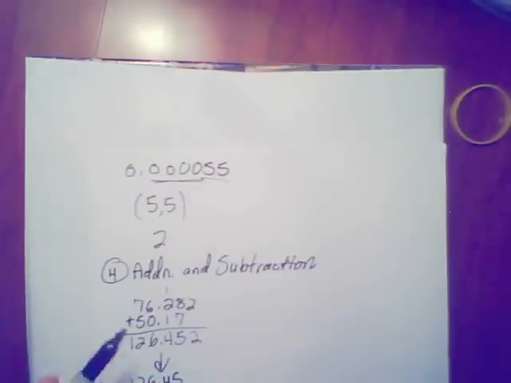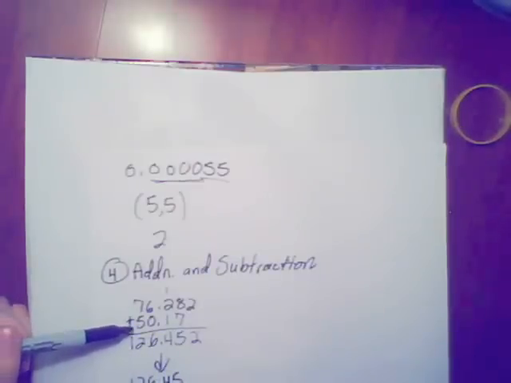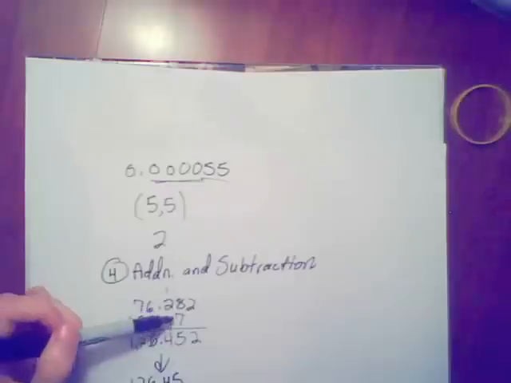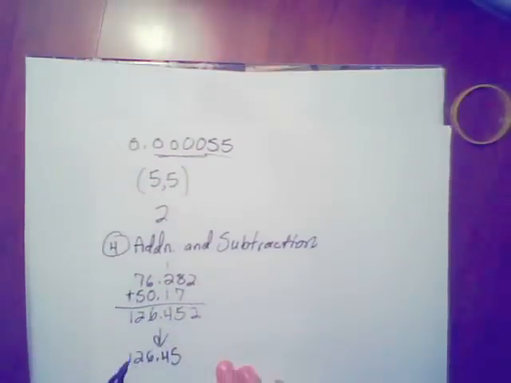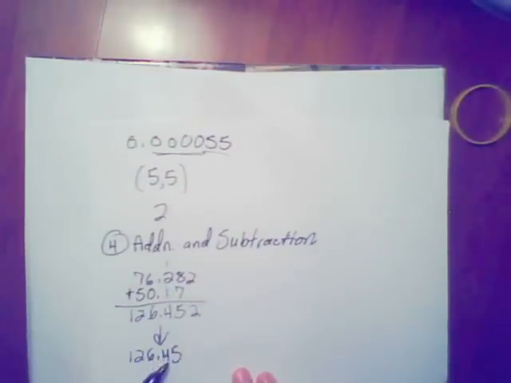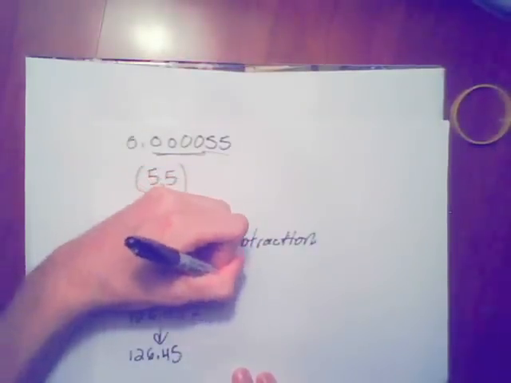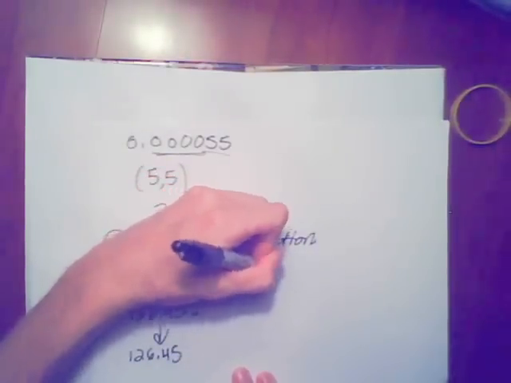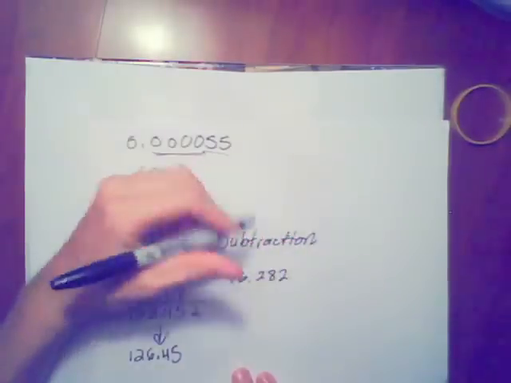The reason for that is we're going to stick with however many numbers are on the right side of the decimal point. We're going to use the fewest amount. The bottom one, 50.17, has 2 numbers past the decimal place. So that means you're going to keep only 2 numbers after the decimal point, even though you have 3 in your original answer. The same type of rule holds with addition or subtraction.